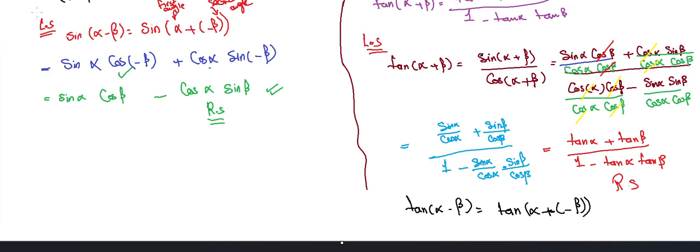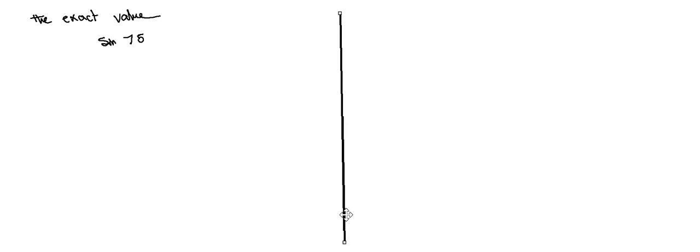Let's say that I want to find the exact value of sine 75, and also another example, tan 15. You can even write 15 as pi over 12.